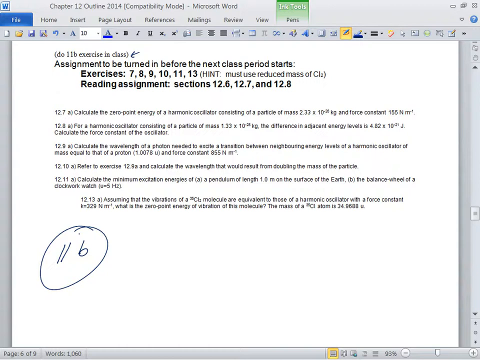Oh, we're in chapter 12. Wrong chapter. Chapter 12, number 11. You know what? I might as well just show you that table 12.1 right away. Because I wrote down table 12.1, but I didn't scan it or anything.